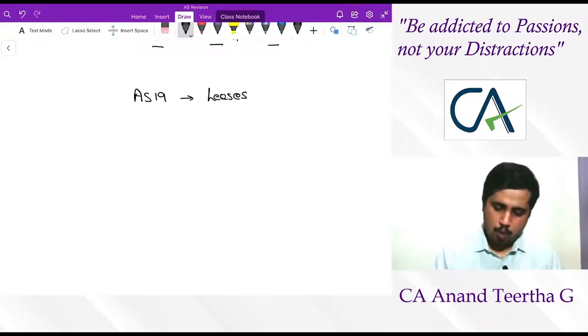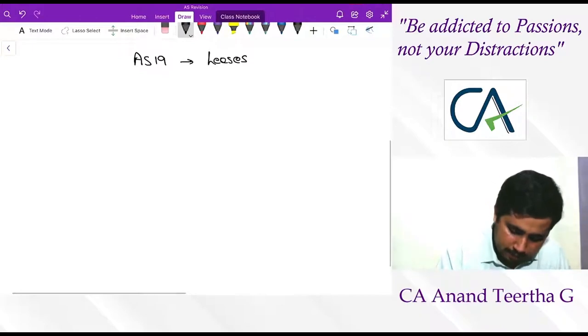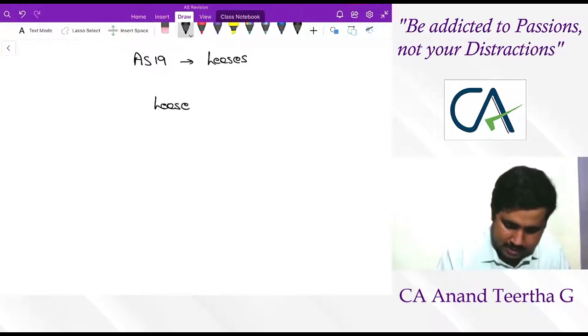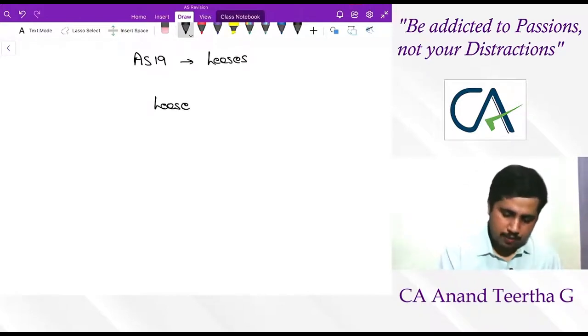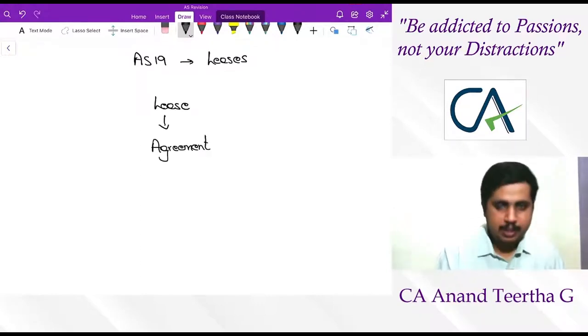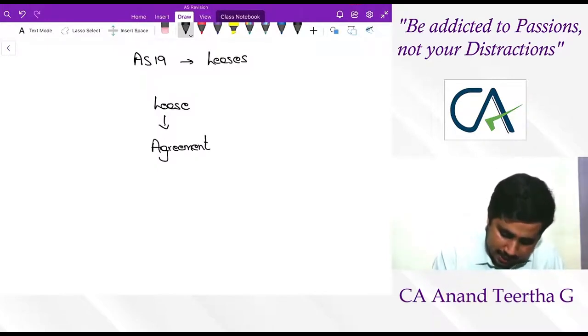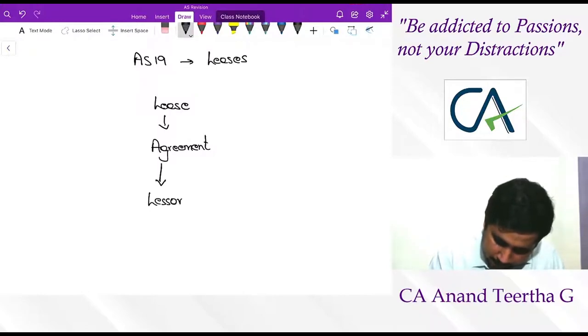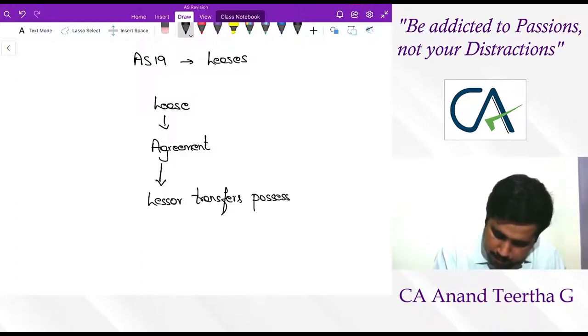Now, first thing, what do we mean by a lease agreement? What do we mean by lease? First, it is supposed to be an agreement. So lease is supposed to be an agreement where lessor transfers possession of asset, to whom?